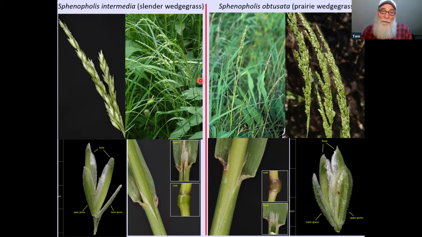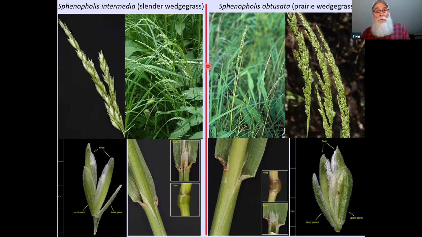The blades of the leaves are going to be quite a bit more narrow than again on reed canary grass. Both of these species have leaf blades that are about 2 to 6 millimeters wide, about 5 millimeters wide maybe on average, which again is really at the very, very small end of the scale for reed canary grass.